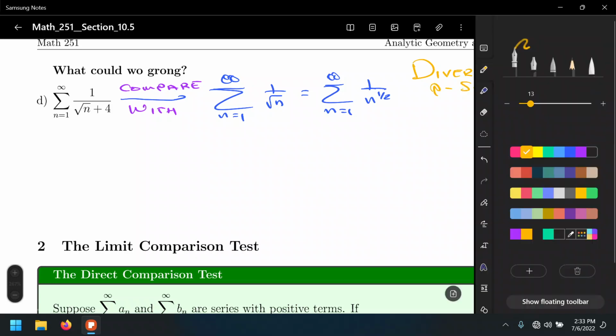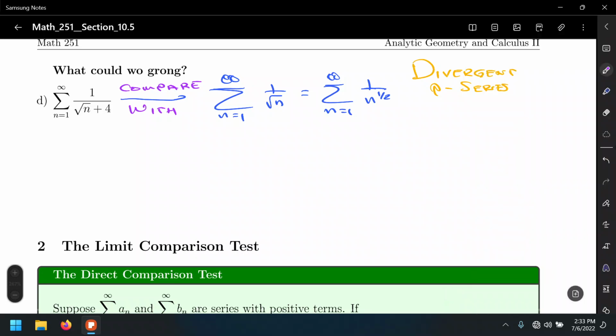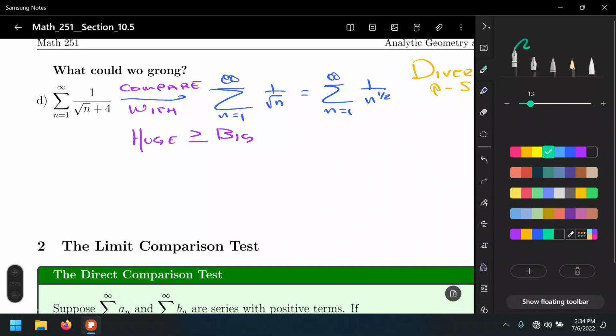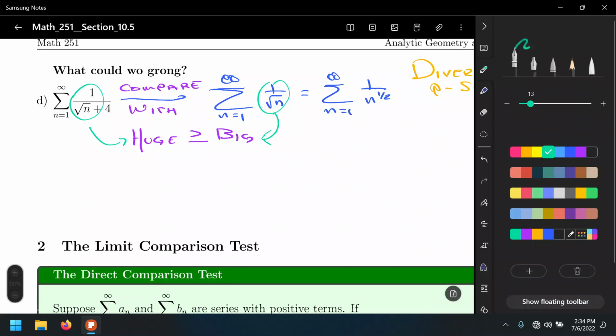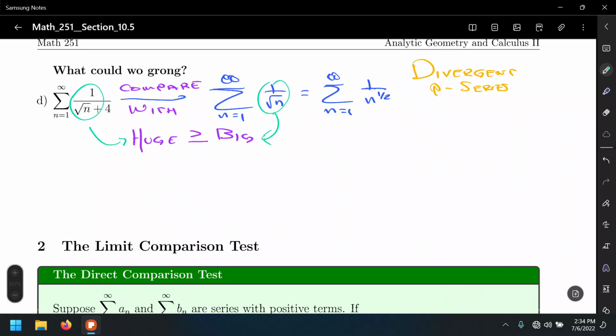For divergence, we need to show that huge is greater than or equal to big. The huge will be the original problem, and the big the test series. Let's put them together. Is 1 over the square root of n plus 4 greater than or equal to 1 over the square root of n?